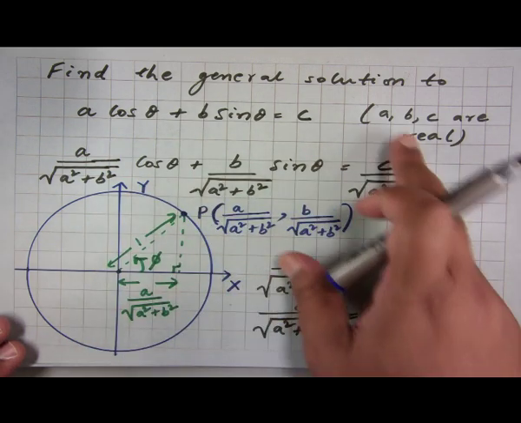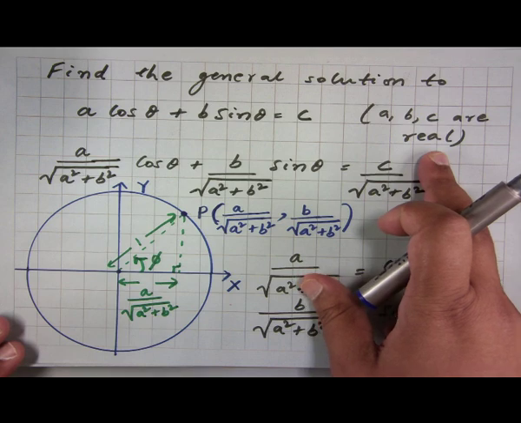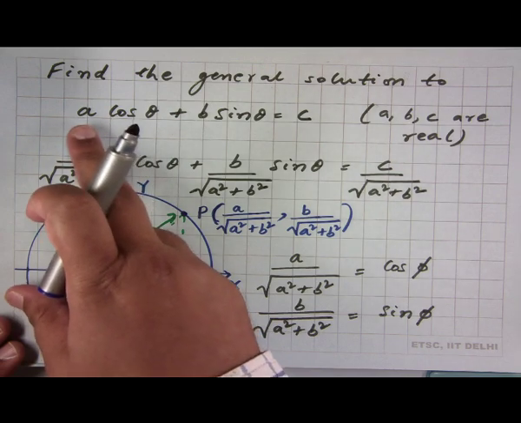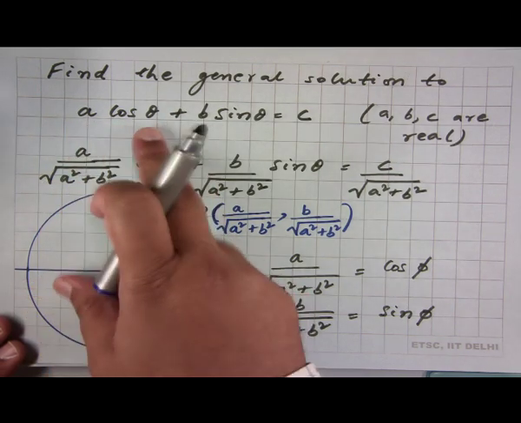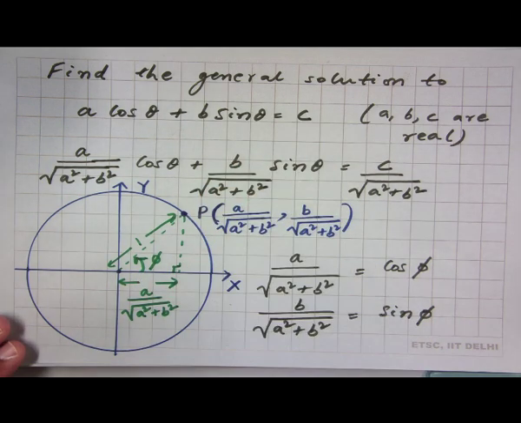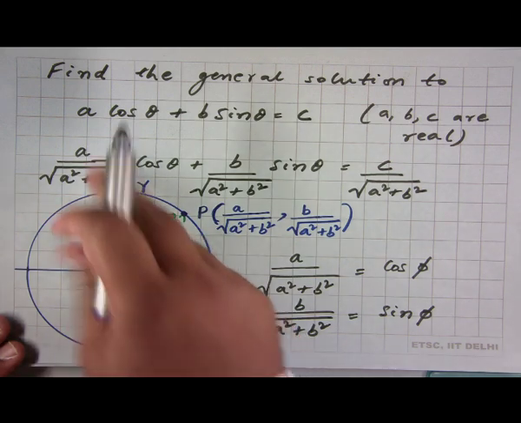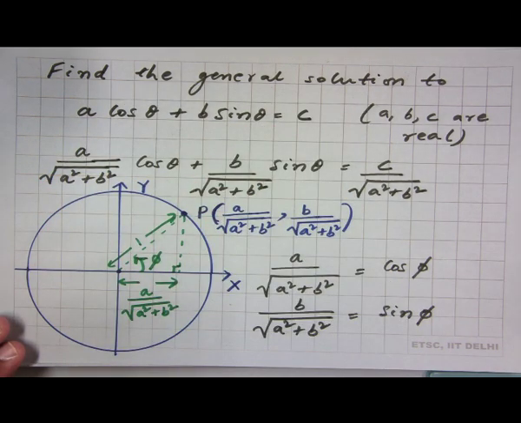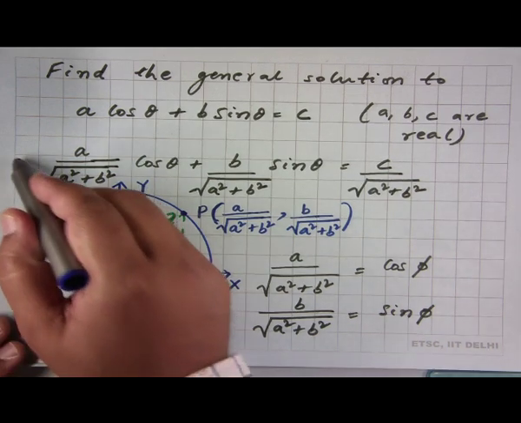Here a, b and c are real numbers and we are asked to find the general solution to the equation a cos theta plus b sin theta is c. The way to proceed with this is that we divide both the left and the right hand side by square root of a square plus b square, and what we get is this second equation here.